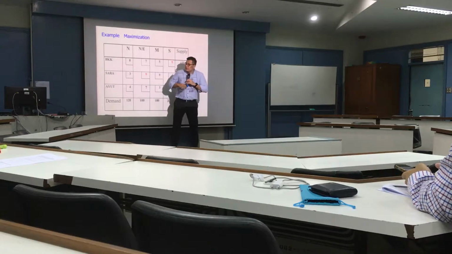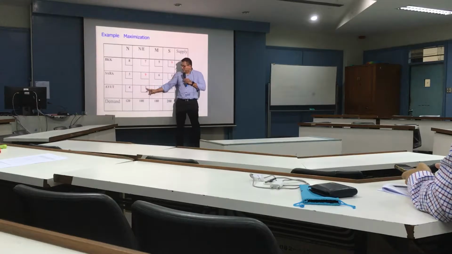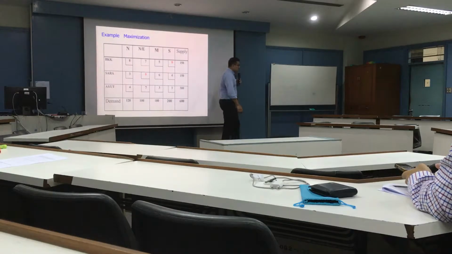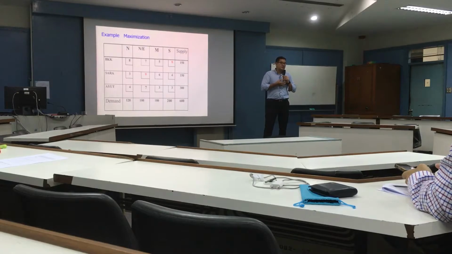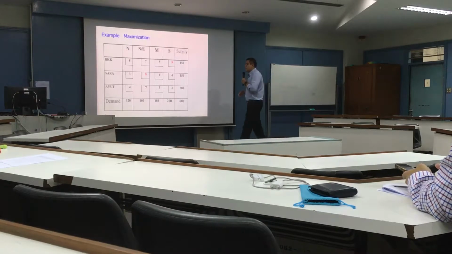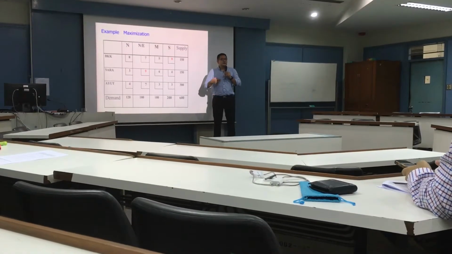For example, if the value in this cell here is not the unit shipping cost but the unit profit, the problem becomes a maximization. You will try to find a way to deliver the product from these factories to these warehouses in order to reach the maximum profit, right? The problem becomes maximization. But all the methods we have studied so far are for minimization, not maximization.